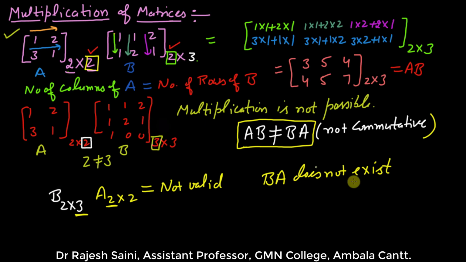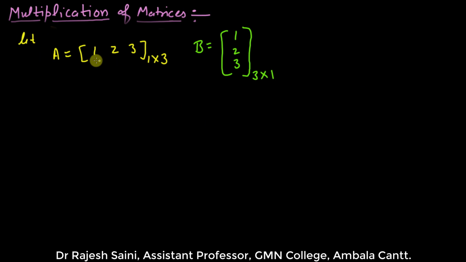We have taken A as a 1 by 3 order matrix and B as a 3 by 1 order matrix, and simple entries are taken: 1, 2, 3. So we will try to calculate AB. Firstly we shall check whether it is defined or not. First write A: 1, 2, 3, and this is of 1 by 3 order.